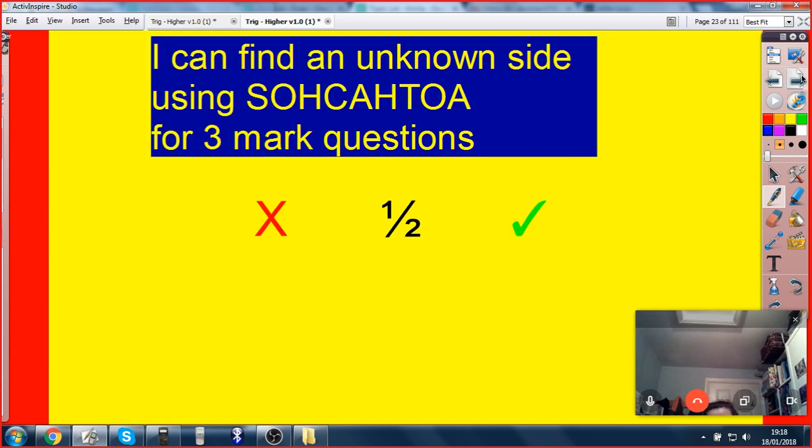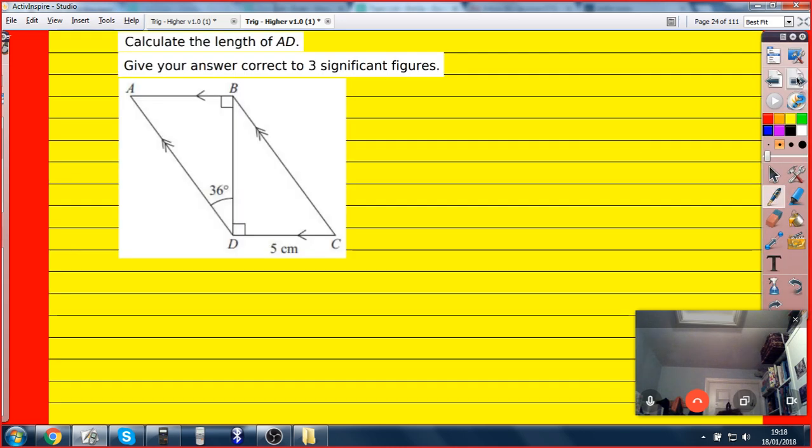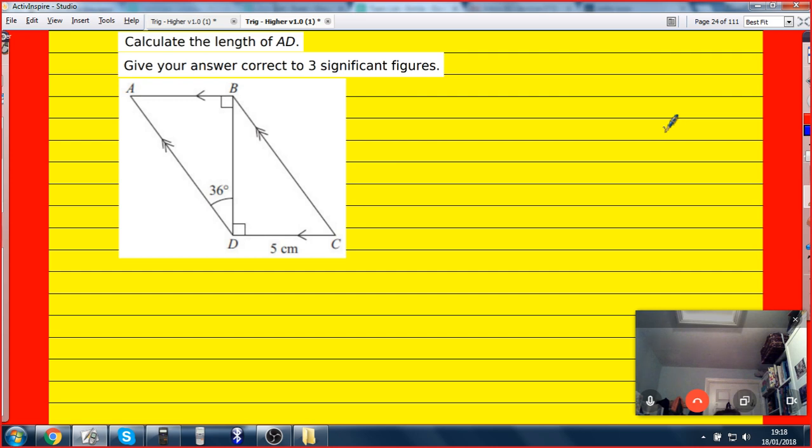Very similar. X a half or tick, unknown side. A tick. Okay, how would we do this one? We have to find AD. So you want to find the hypotenuse.